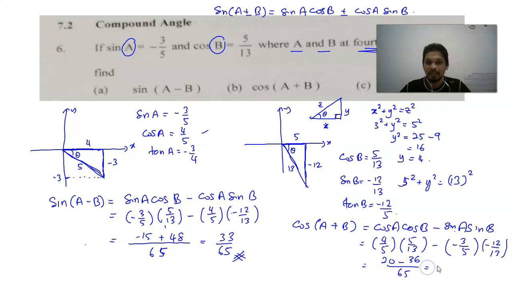Then you come up with negative 16 over 65.